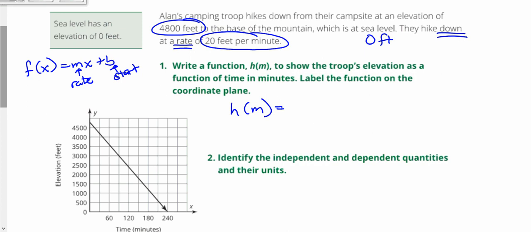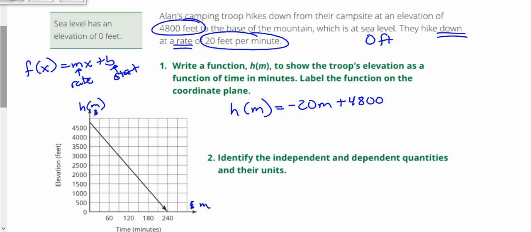So in this case, we're told our rate is 20 feet per minute, and we're going down 20 feet per minute. So it's going to be negative 20, and in this case, m is our variable they want us to use. And our starting point is where the camp is at 4,800 feet. Okay, we need to label. So we're going to change the y here to h of m. We're going to change the x here to m.